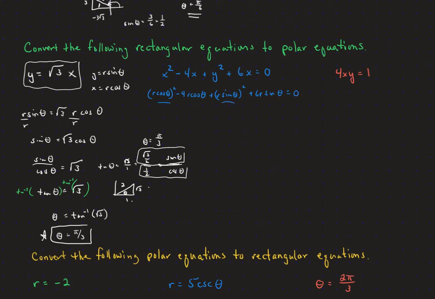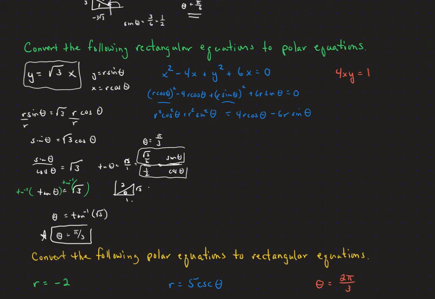I'm going to bring these together. That's r squared cosine squared theta plus r squared sine squared theta. I'm going to move the others to the other side. There's a 4r cosine theta and a minus 6r sine theta.